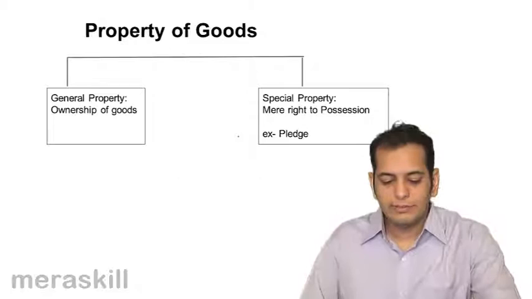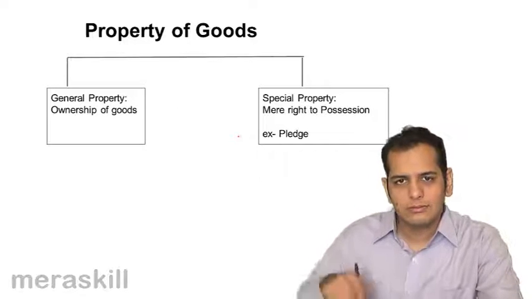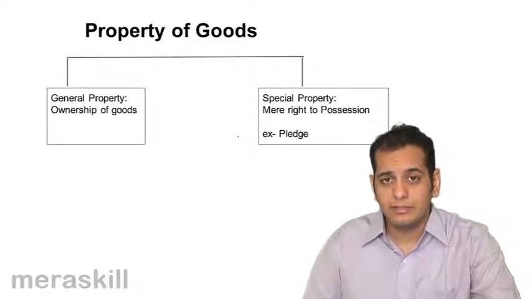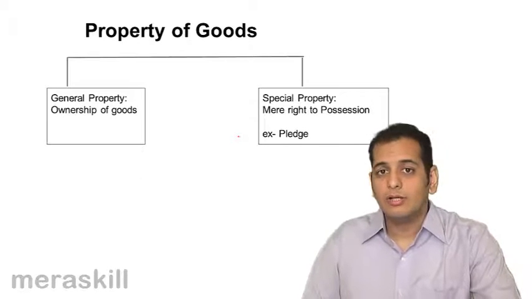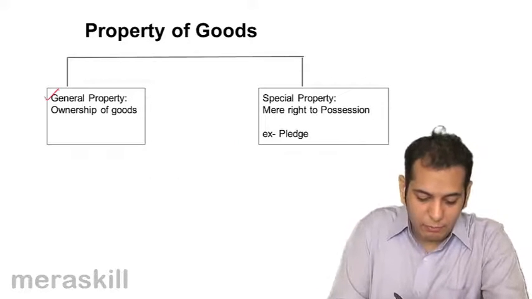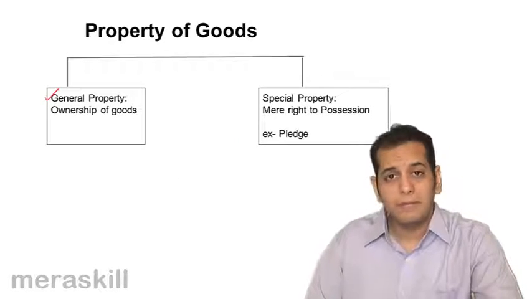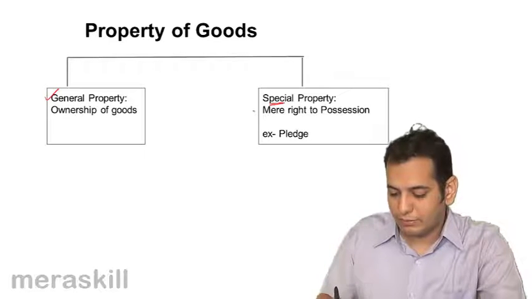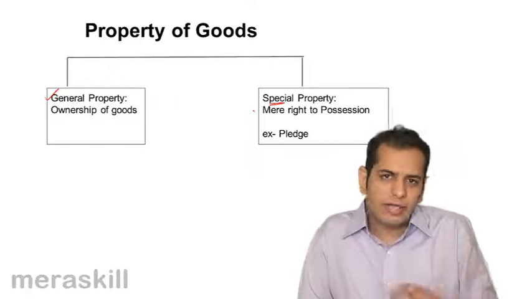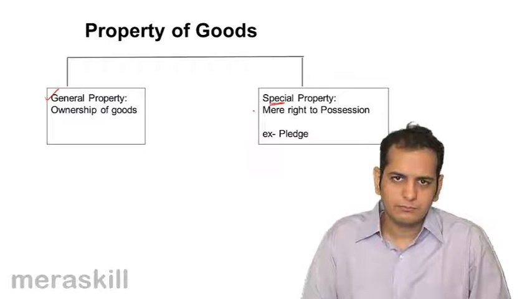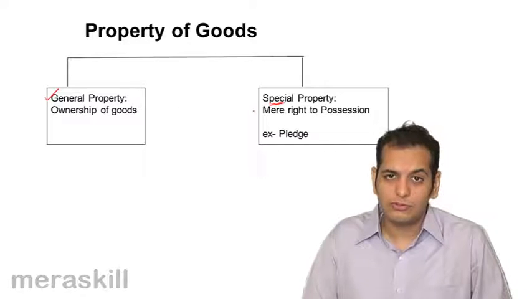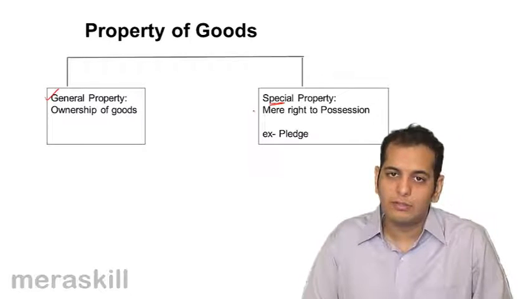But before going there, let us first do a flashback and get back to the definition of property. We learned that property means the general property and not merely a special property. A special property means a smaller right over the goods, like the right of lien on goods, as you have in case of a pledge.